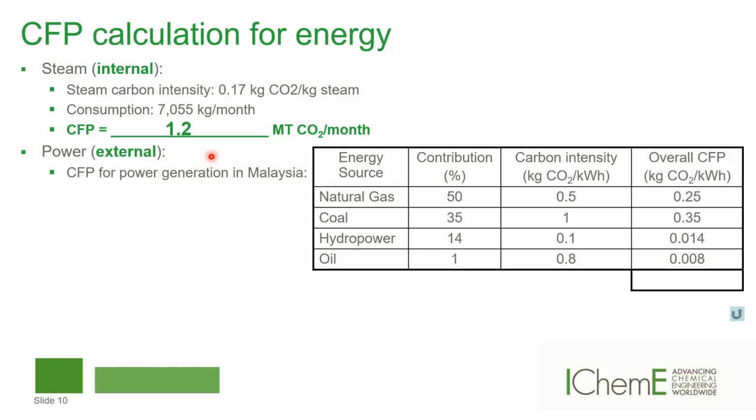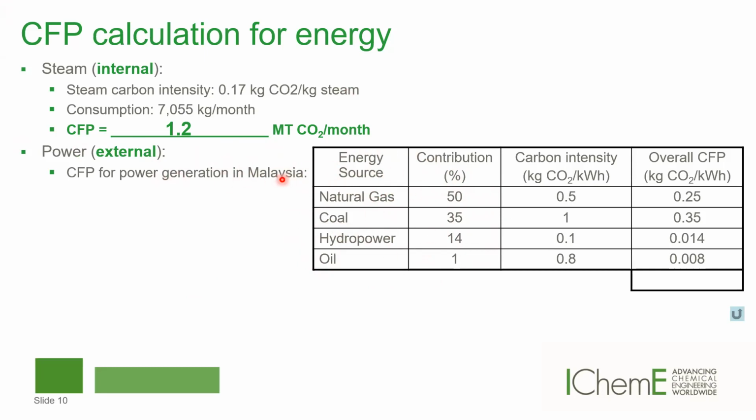So for this specific study, this is done in Malaysia. So this is the energy mix of Malaysia: natural gas, coal, hydropower, oil. Natural gas is the highest, 50%. So sa atin, in the Philippines, coal is the highest at 50% or around 49%.